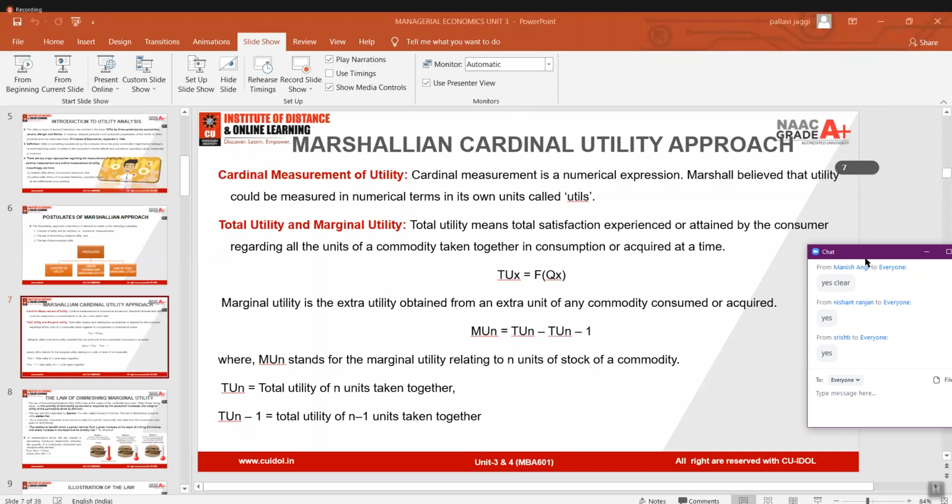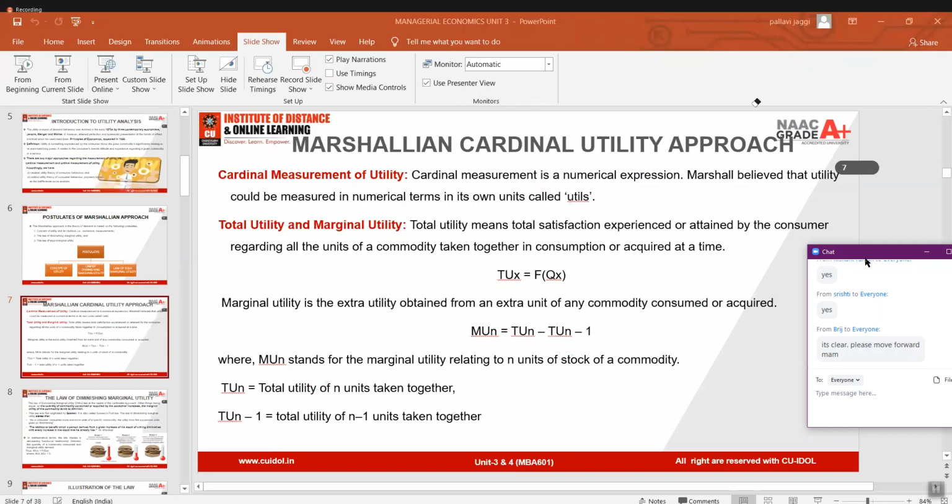Okay. Then you can see, marginal utility is the addition that is being made. So when you are moving from the first to the second unit, the total utility is increasing from 10 to 15.